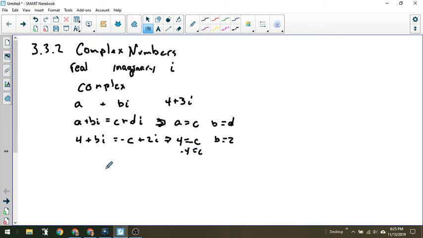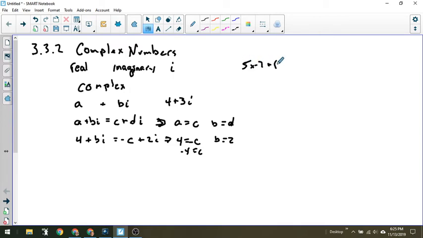We're going to use this in our example out of the book: 5x minus 7 plus (y plus 4)i equal to 13 plus 11i.